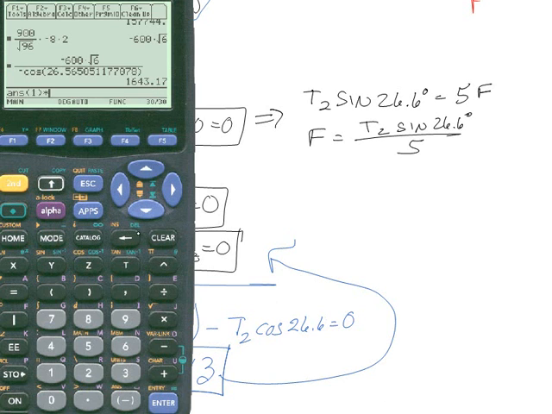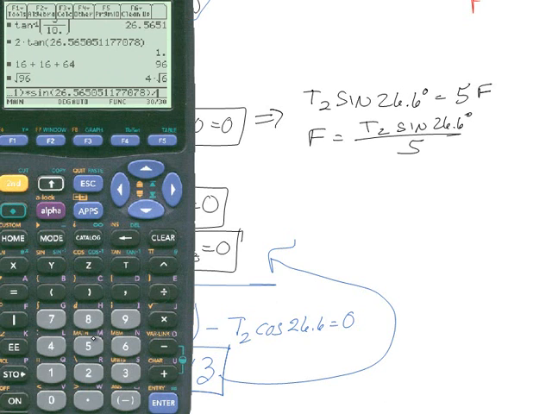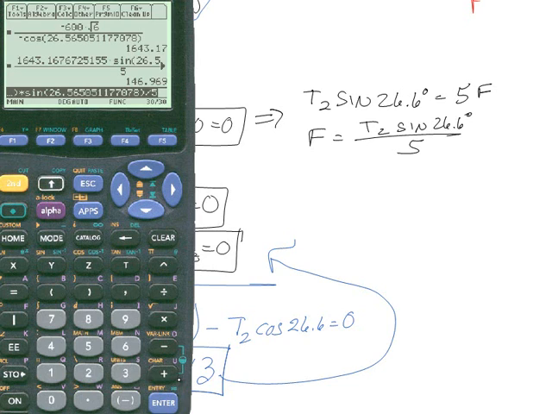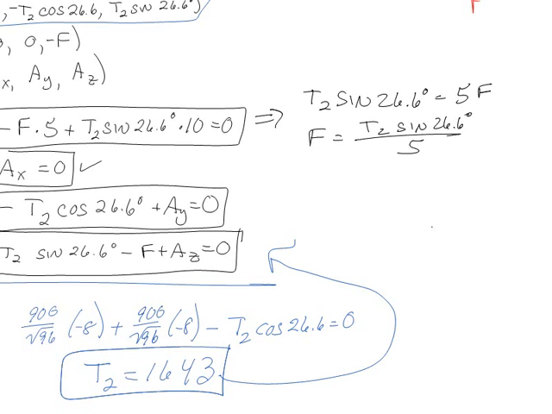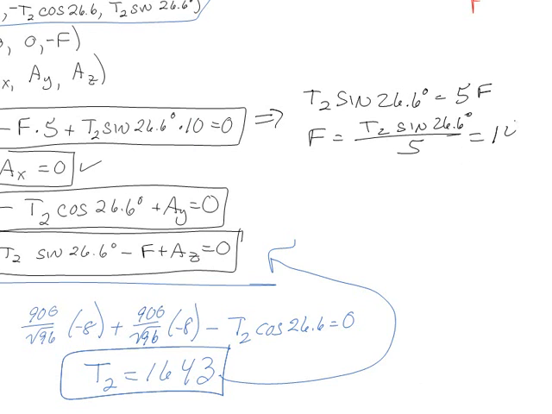So I can do that times the sine of 26.6, divided by 5. And that gives me 147. Did I do that right? Yes, 147. All right, so that's my force.